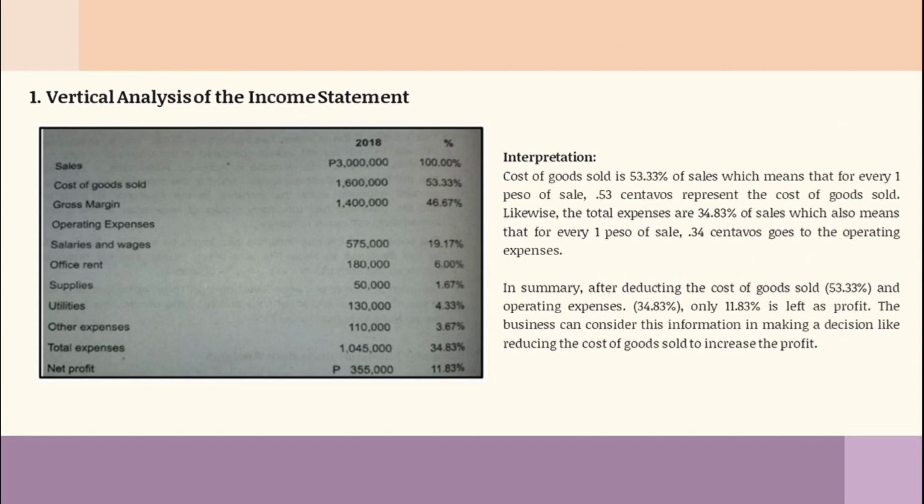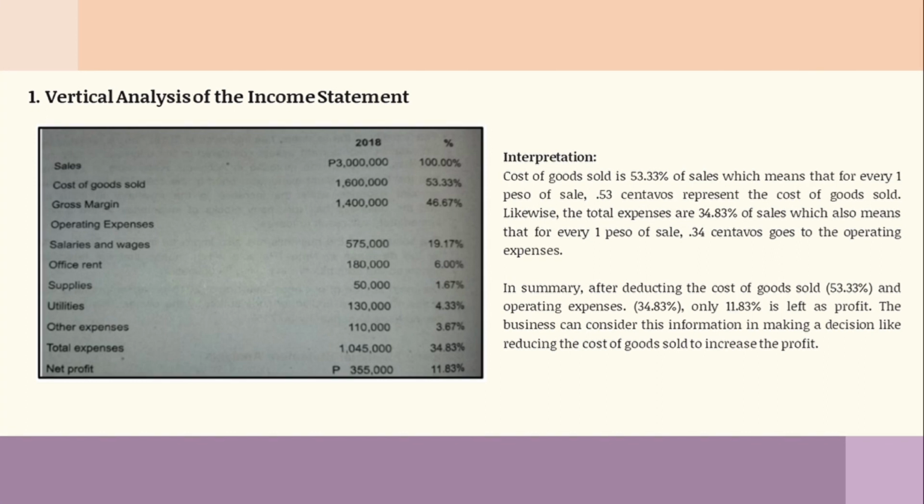And for the interpretation, the cost of goods sold is 53.33% of sales, which means that for every 1 peso of sale, 0.53 centavos represent the cost of goods sold.